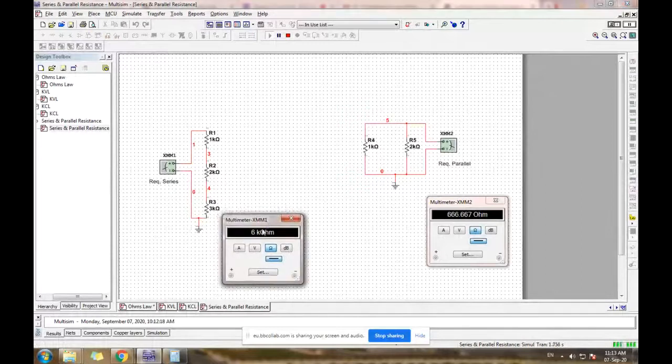You can see the first equivalent for the series is 6 kilo, the second is 666.66, right? So let us check. If I make R1 plus R2 plus R3, 1 plus 2 plus 3 is 6. For series it is true, right? Next, for the parallel, what is the formula? 1 multiply with 2. Okay, so in here, let me write it here.